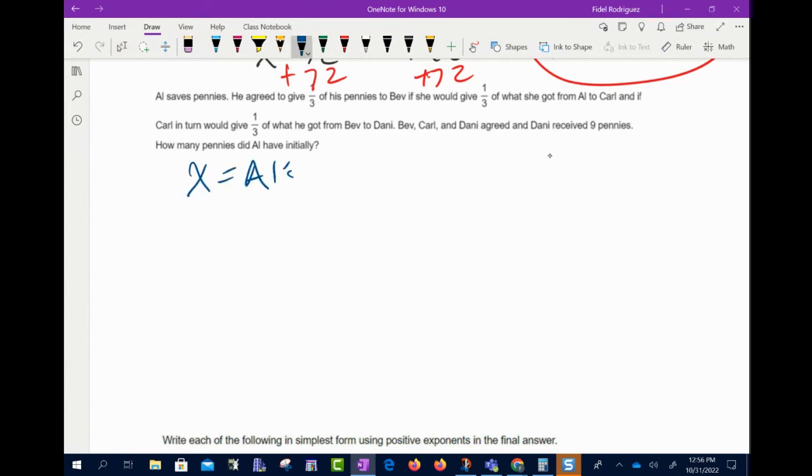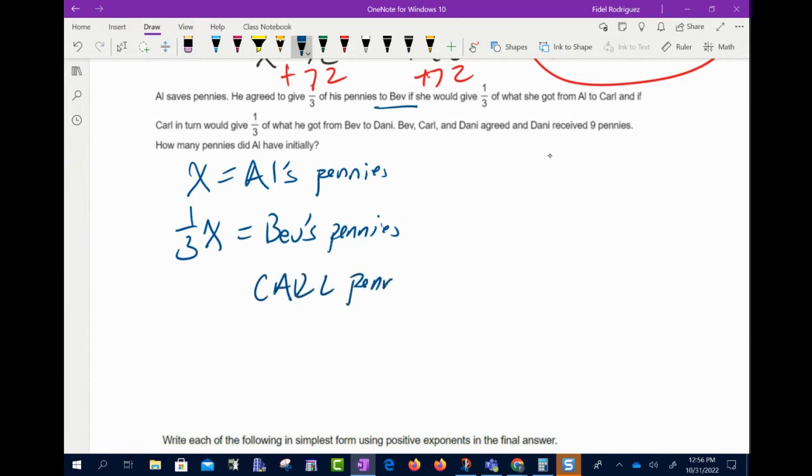X is going to be Al's pennies, okay? Now, how many is Bev going to get? She's going to get 1/3 of whatever Al has, right? Okay, who's the next person we have? We have Carl. How much is Carl going to get?